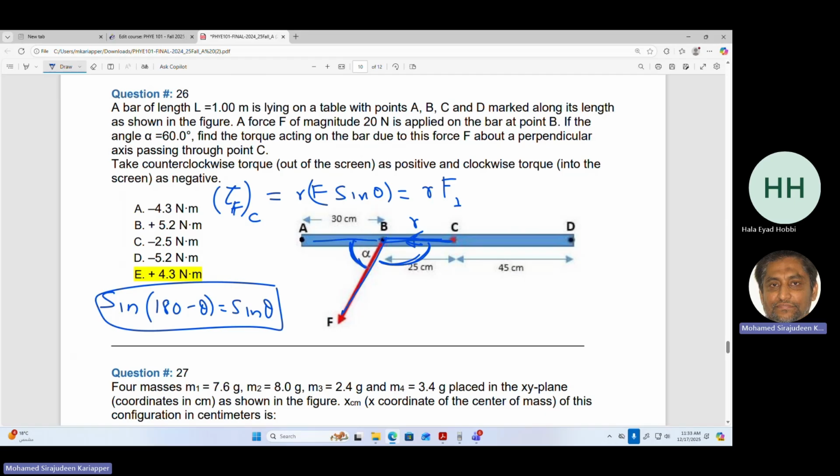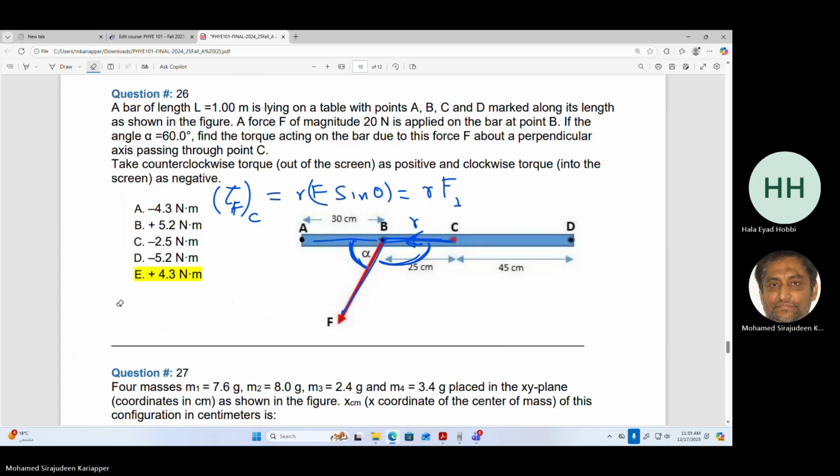Right. So let me take it out of the way. I need some space. Okay, so we just substitute. You know, there is another equation I like to mention here, which is this one.